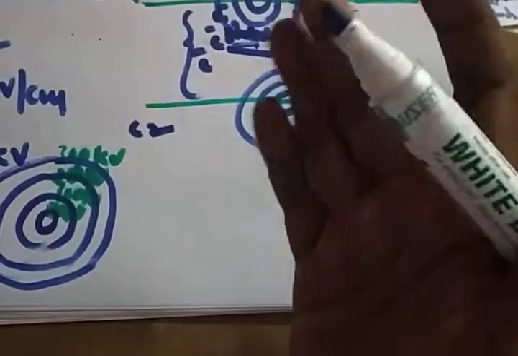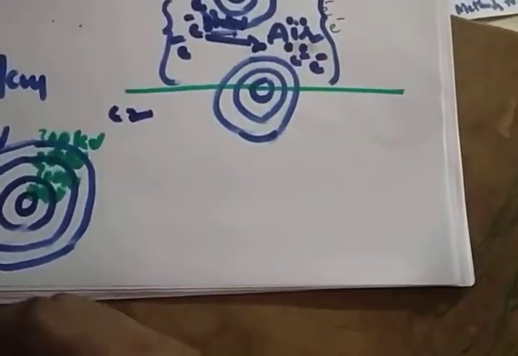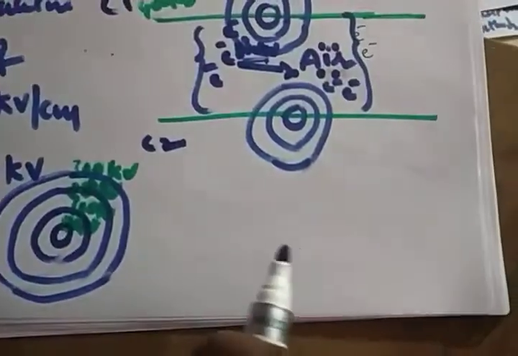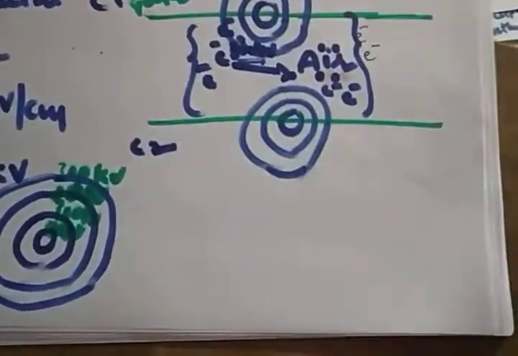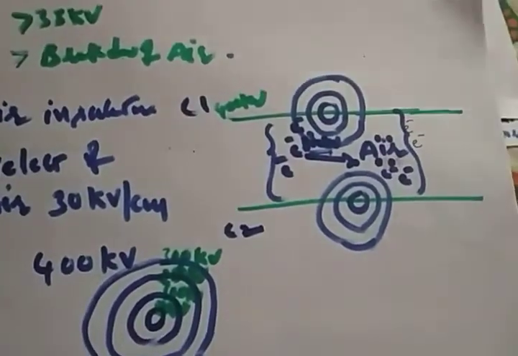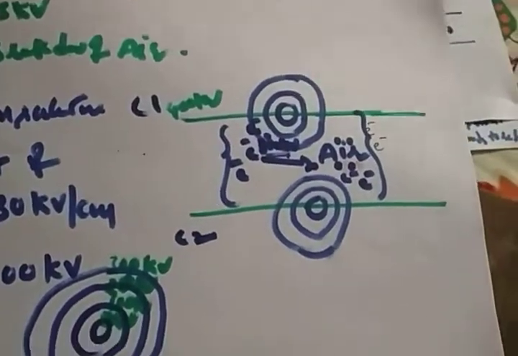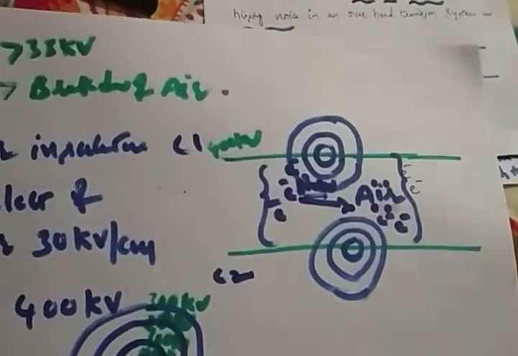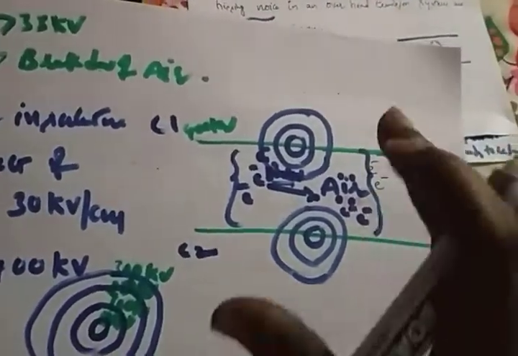In this way the air got ionization. This whole process, we can call it a corona. Alright, hope it's clear how the corona will form on an overhead transmission system.